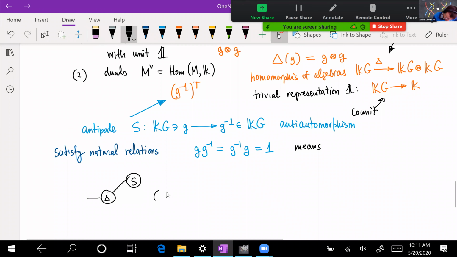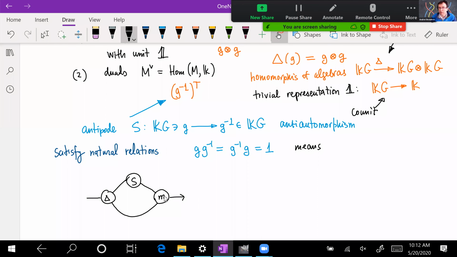And then here I take the product, maybe called multiplication. So this diagram corresponds to the fact that I took my algebra to the algebra square, so I got 2 elements here, then I applied the antipode to one of them, and then I multiplied them together.